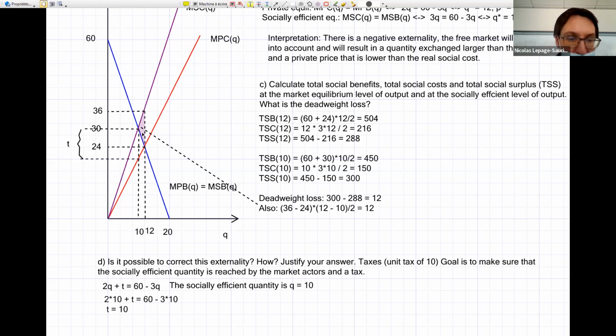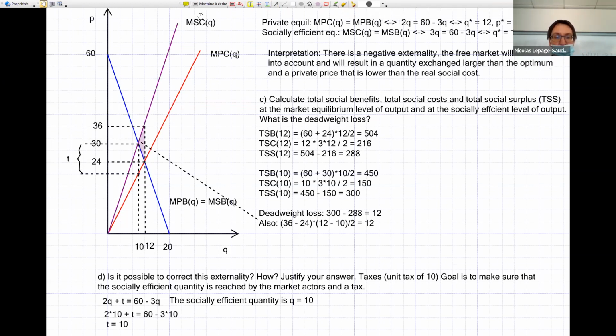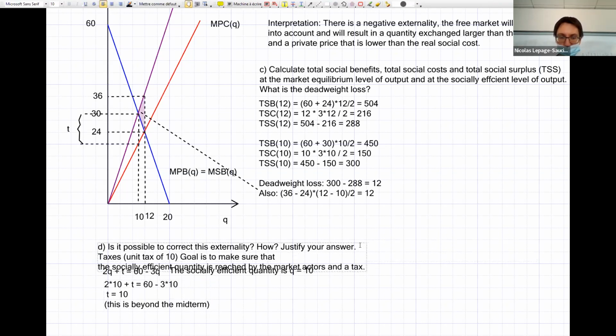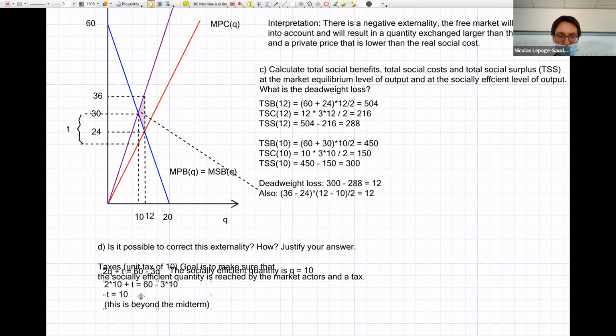And by the way, it's quite obvious that the tax rate has to be equal to the difference between the marginal social cost and the private marginal cost at the optimal level of 10. Okay. So tax will be 1.